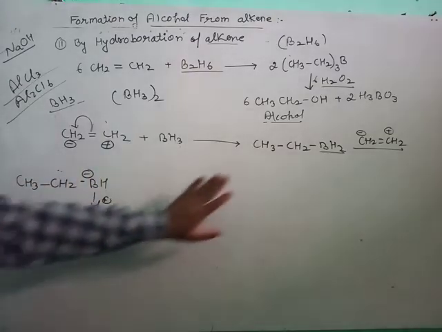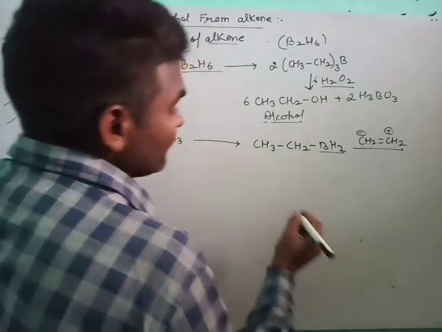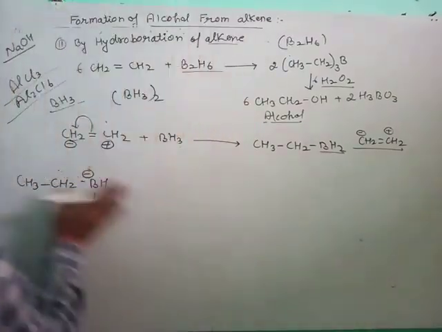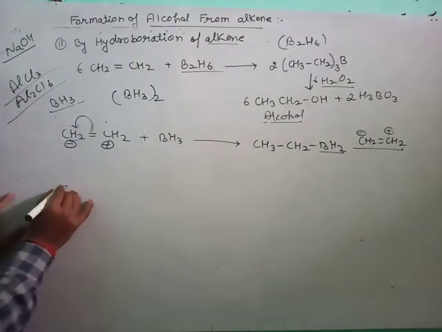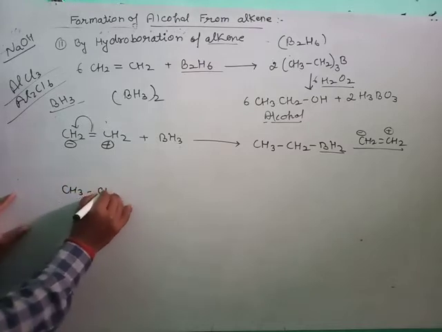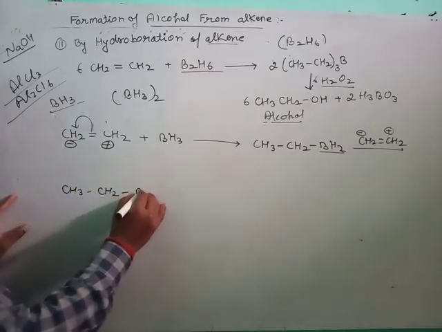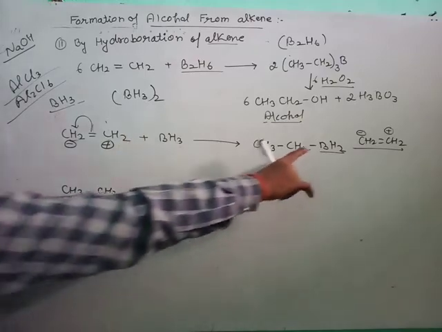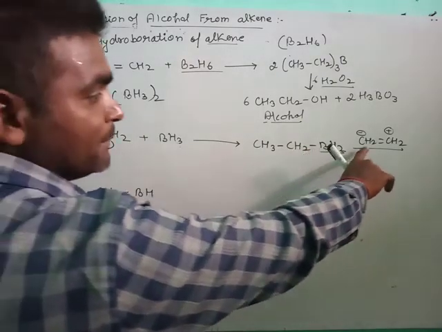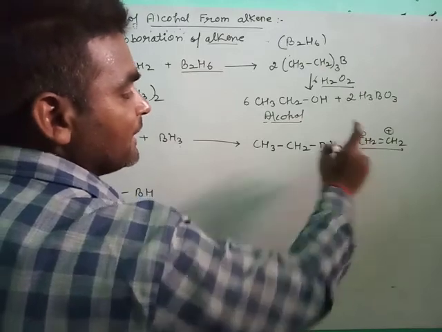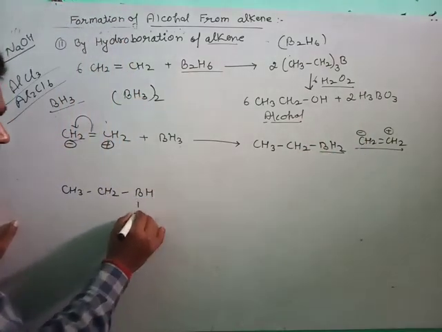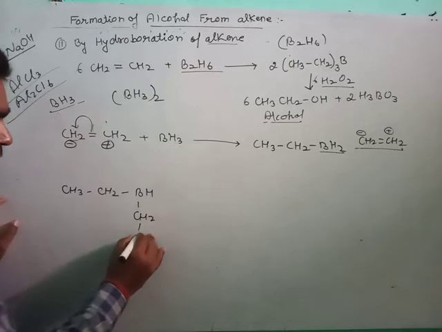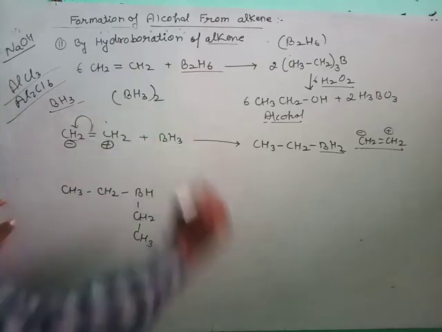So the product comes like CH3 CH2 BH, and the other hydrogen is added to the negative carbon and forms a chain CH2 and CH3.